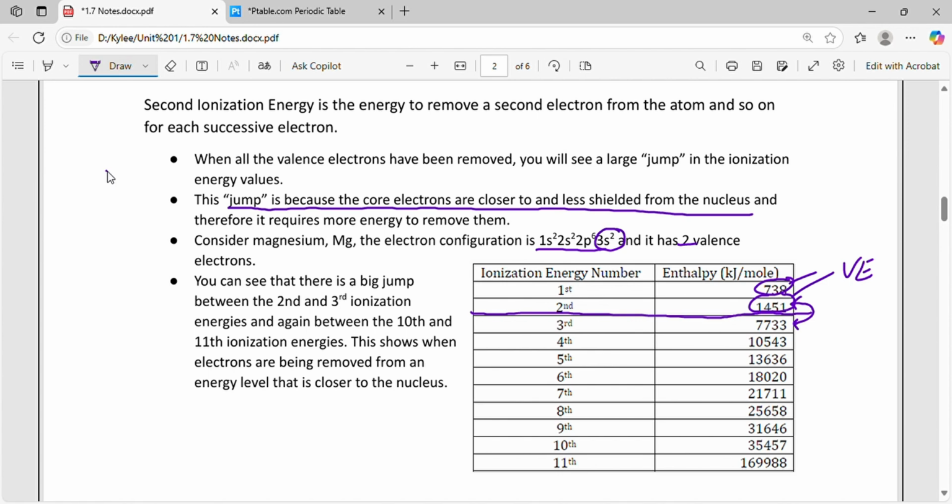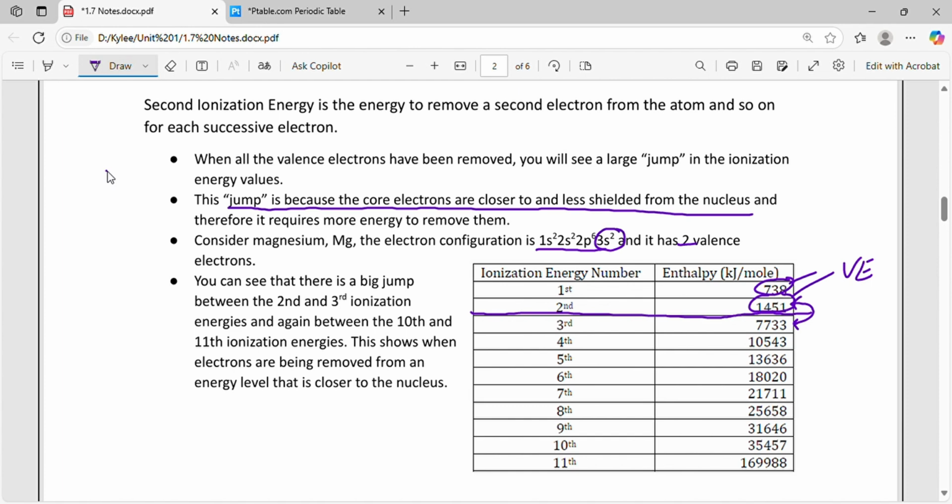They're furthest from the nucleus. Once we lose that 3s orbital, because those valence electrons are gone, I'm now in my second energy level. When I have the second energy level, it is going to be closer to the nucleus, which means it's going to take more energy to remove those. And it's reflected in the actual values.